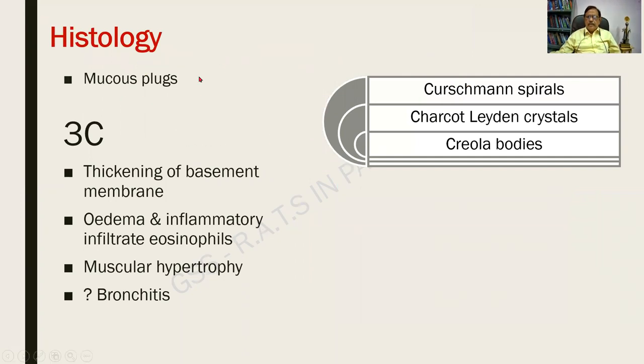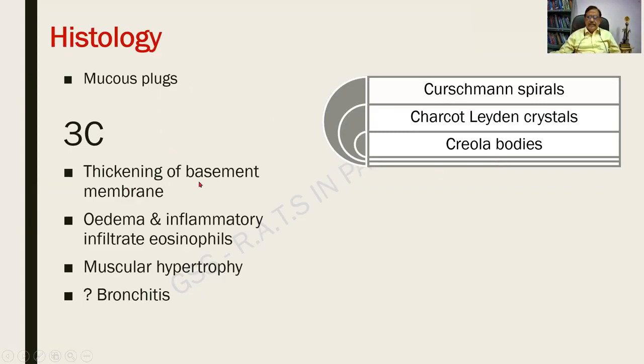And coming to the histology, the mucus plug, that is what we had seen earlier. And 3 C's you people will have to remember. One is the Curschmann spiral. Second one is Charcot-Leyden crystals. Third one is Creola bodies. These 3 please memorize.